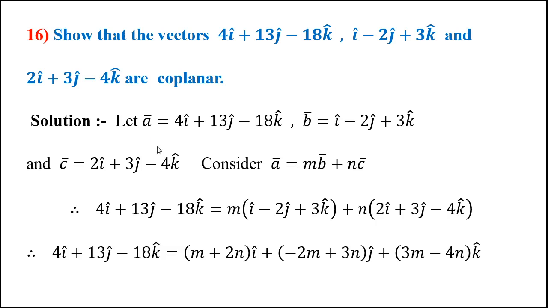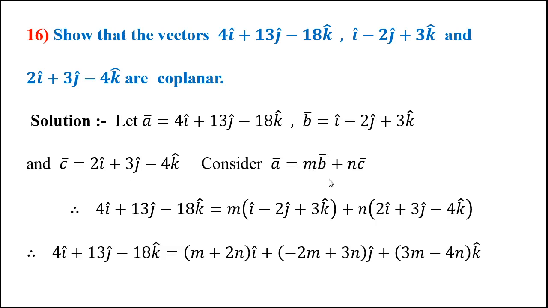So I have named them as A bar, B bar and C bar, and I write A bar is equal to M B bar plus N C bar. Let us write A bar as linear combination of B bar and C bar.